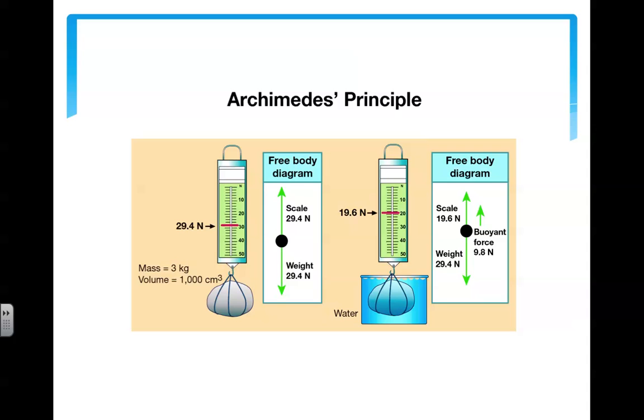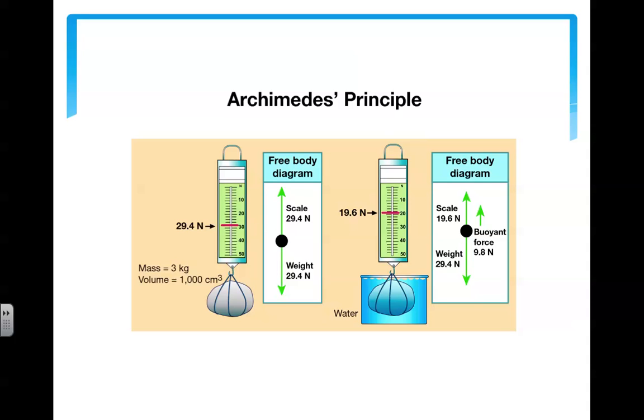Now, the same 3 kilogram mass is placed into water. The actual weight remains the same, as we can see in our free body diagram, it's still 29.4 newtons downward. However, the spring scale measures apparent weight, which is now 19.6 newtons.